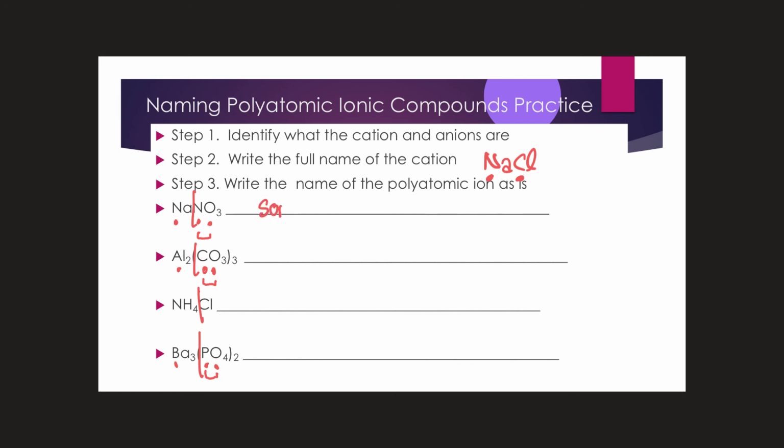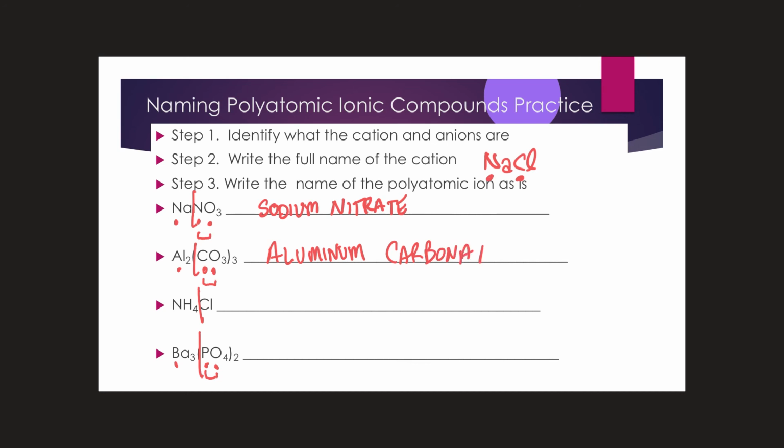Sodium. And then we look up NO3, and we find out that that's nitrate on our polyatomic ion sheet. Al, aluminum, so we write aluminum. And then we look up CO3, and that's carbonate.